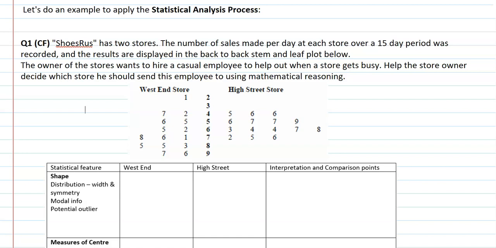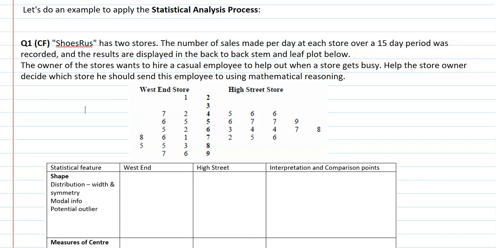Number of sales made per day at each store over a 15-day period was recorded, and the results are displayed in the back-to-back stem and leaf plot shown below. The owner of the store wants to hire a casual employee to help out when the store gets busy. Our job is to help the store owner decide which store he should send the employee to using mathematical reasoning.